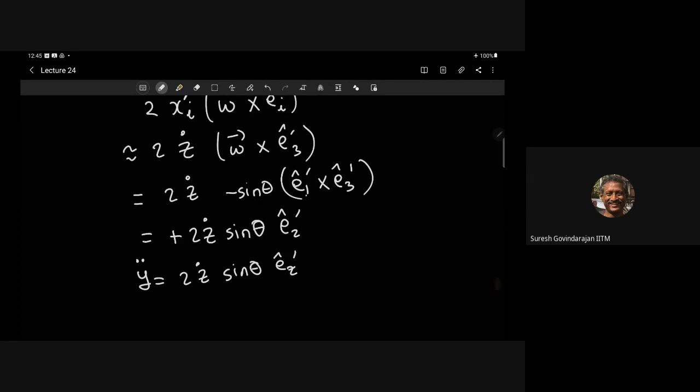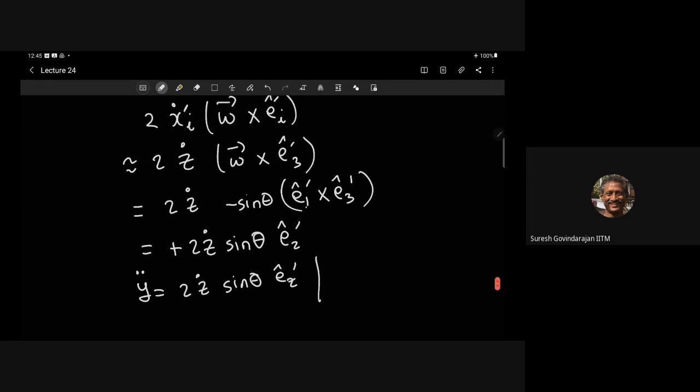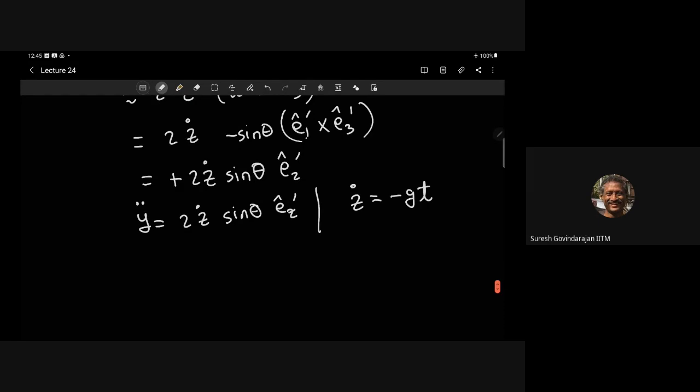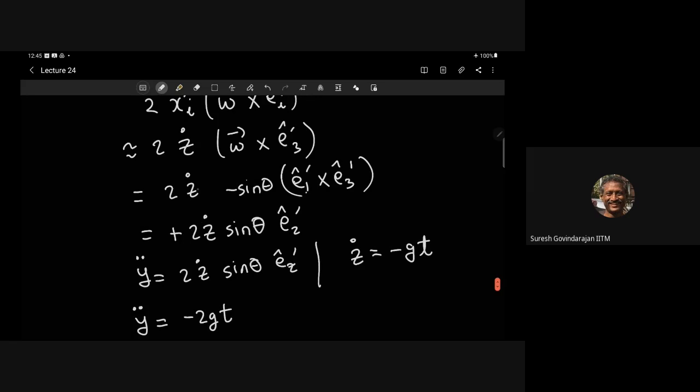Okay, and we're going to do it recursively. So we'll just say that z dot will be equal to just minus g t. That's the standard. So I'll plug this in here. So we get y double dot equal to minus 2 g t omega, oh, I forgot an omega somewhere.